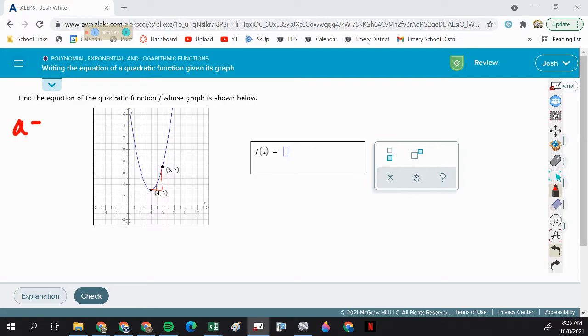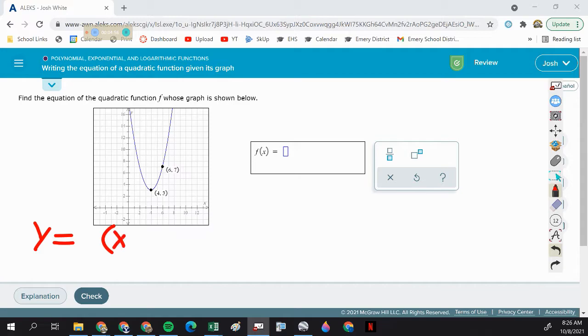So a is 1. If it was over 1, up 3, then a would be 3. If it's over 1, down 6, then a would be negative 6. Okay? So y equals a 1, but I don't really need to write it there.